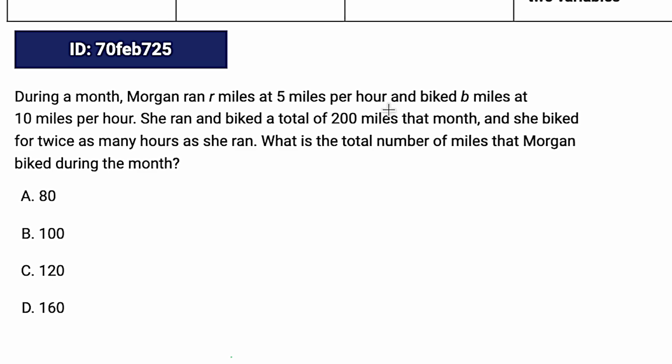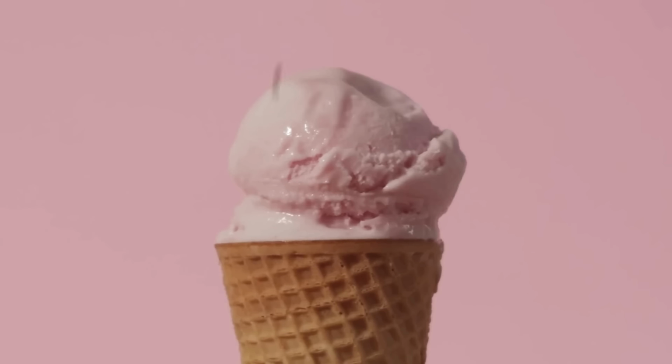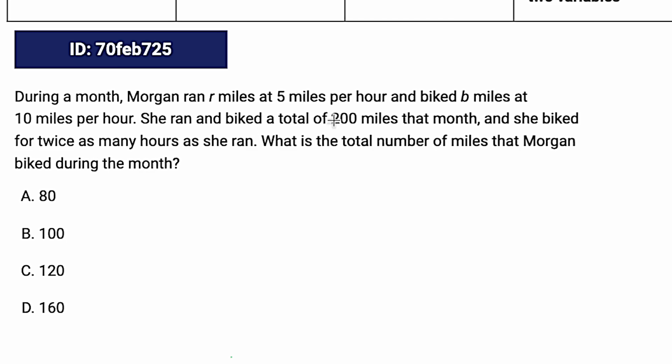In this case, we've got 10 miles per hour if you're biking, 5 miles per hour if you're running. Another similar setup might be buying a large ice cream or a small ice cream, with two different price points. Anyway, when we see these different values assigned to the same type of thing, we know that we have a system of equations.